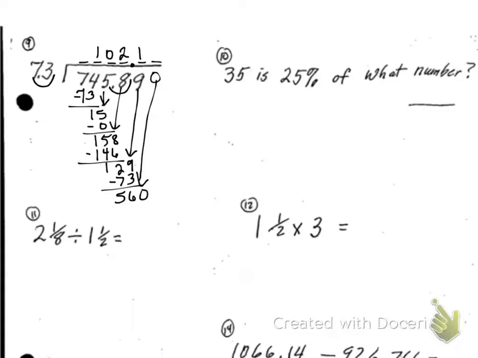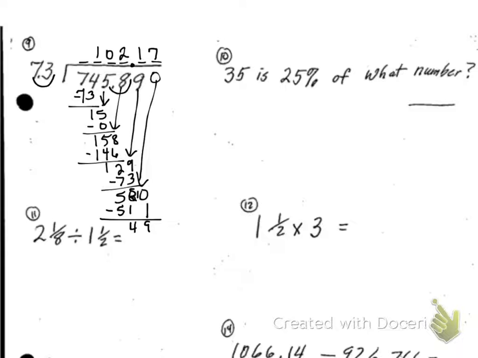Drop your 0. 73 into 560, 7. 7 times 3 is 21, 49, 51. So 112 and 17 hundredths.